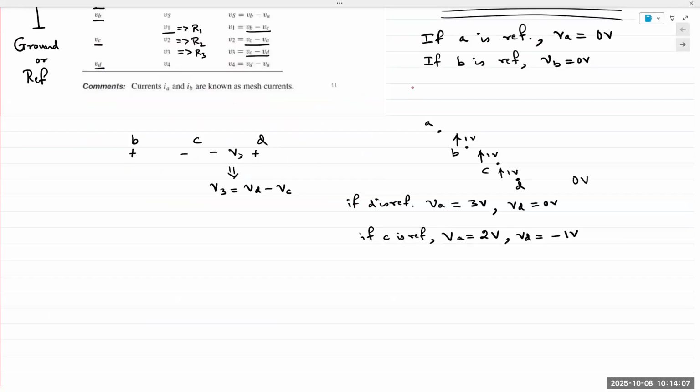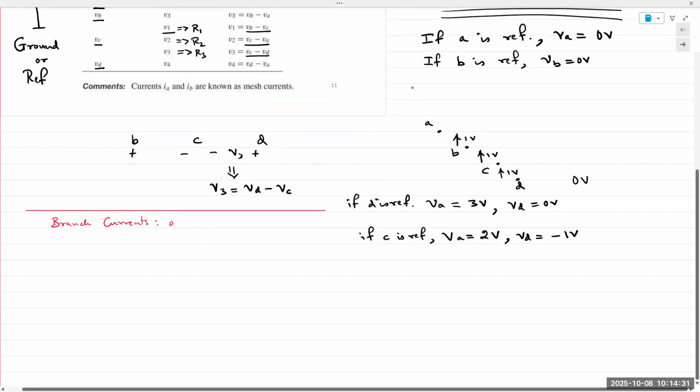Okay. So branch currents are the currents flowing through a branch. Let me write that down here. I'm going to use red ink for this so that you can distinguish the annotations. Let me write down actual current.